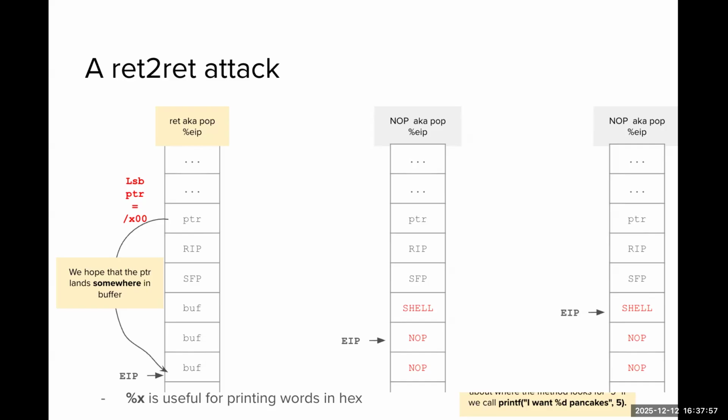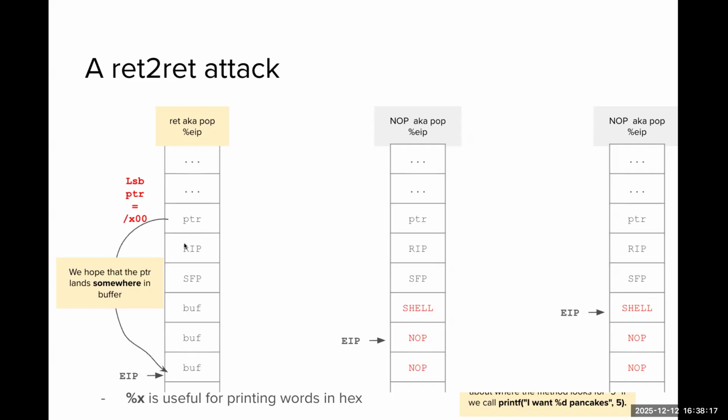If you remember from the earlier calling convention, return is the last step of the three steps of a function epilogue, right? Return specifically will pop the next value and set the EIP equal to that value.